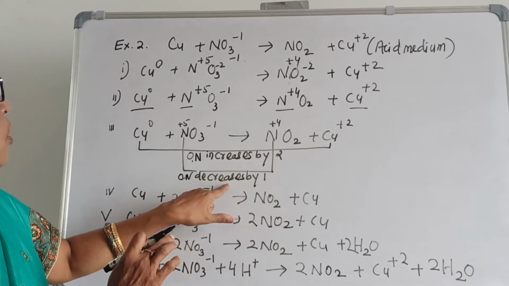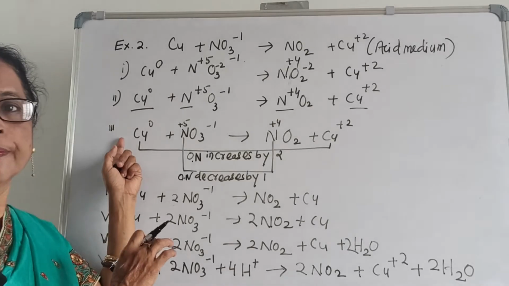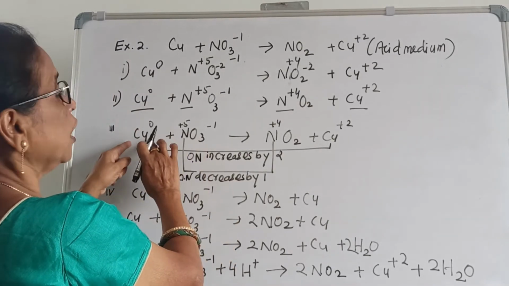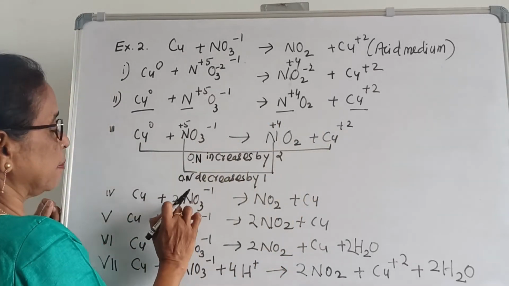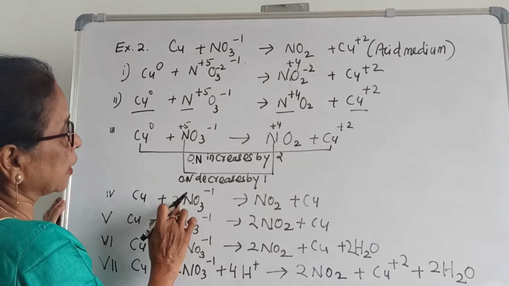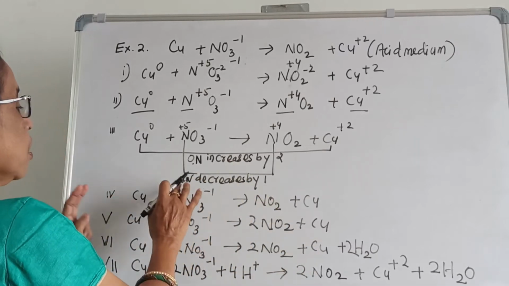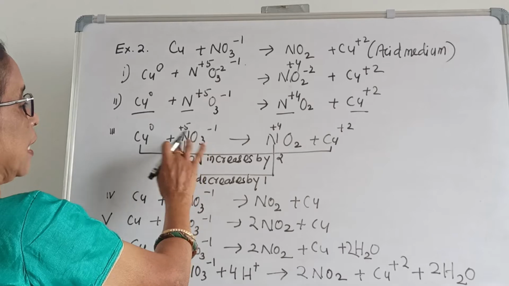In the decrease, the oxidation number decreased by 1. So this 1 is multiplied by Cu. Similarly, Cu changes to plus 2. That is why 2 is multiplied by this. So 1 is multiplied by this and 2 is multiplied by this, because the oxidation number increases by 2 and decreases by 1. That is in nitrogen.